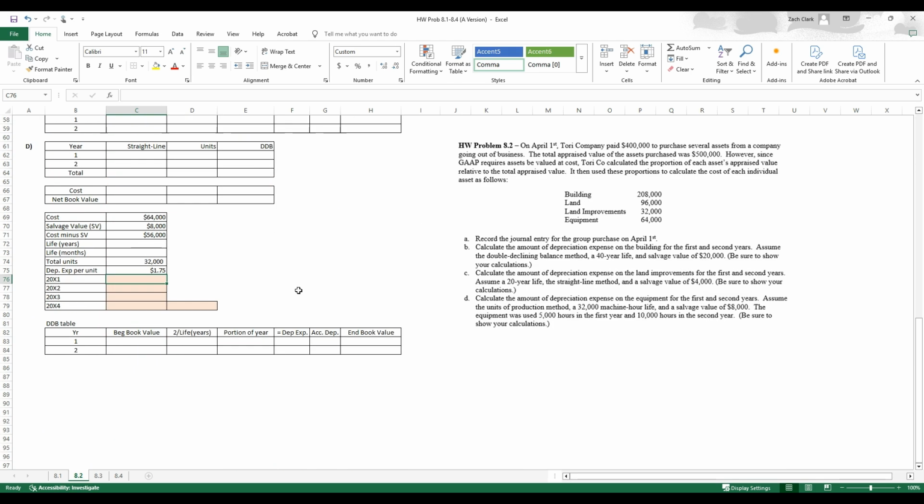And then in the first year, we only have 2 years anyway, so we don't really need those third and fourth years, but that's fine. In the first year we had 5,000 hours, and the second year we had 10,000. Okay. All right, we're almost done now. So then we just need to take our depreciation expense per unit times the activity for each year. Pretty straightforward.